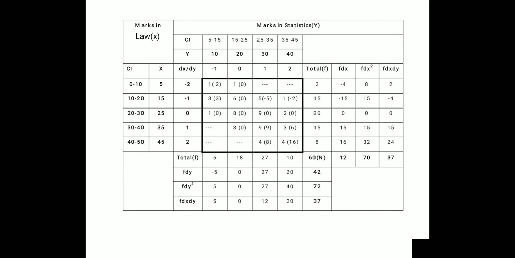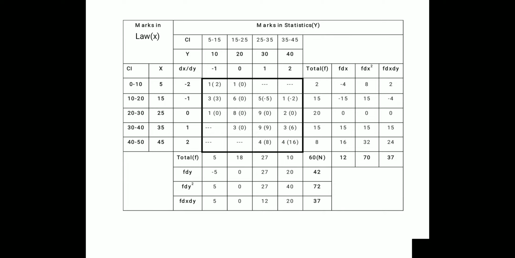Once all these steps are completed, the last step is to calculate f into dx into dy, that is f dx dy. To calculate the f dx dy value, we should calculate it for each cell. First let us consider the first cell in the bold-line table, where the frequency is 1.